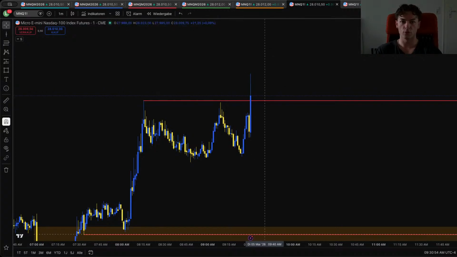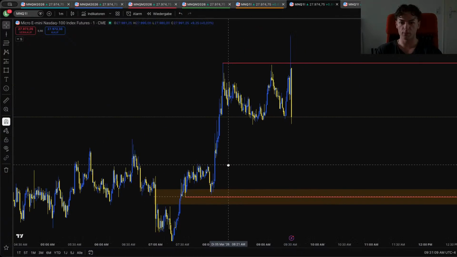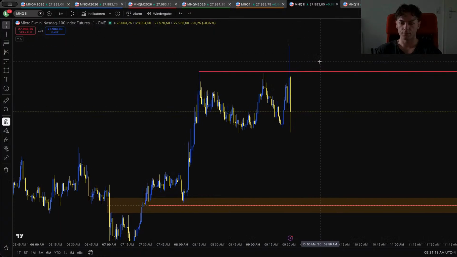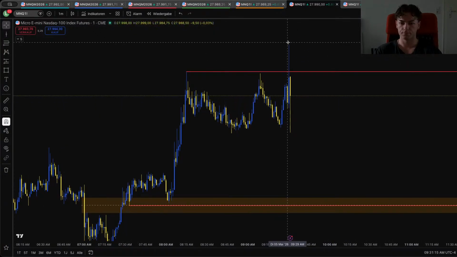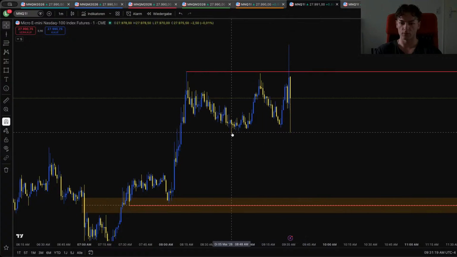I mean, that's a huge opening range gap. We have an opening range gap of 200, almost 250 points. So that's something, huh? So we've taken buy side, trapped everybody long, and most likely already stopped them out.